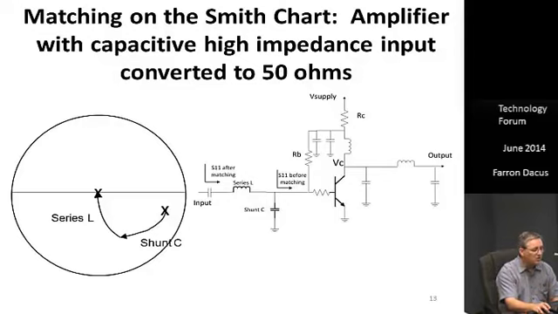This shunt capacitor moves the impedance down further into the capacitive zone, and then a series inductor moves it back up toward the center. Often you can get away with just 2 matching elements to do a match like that. 3 is more flexible. You can match just about anything with 3 elements.